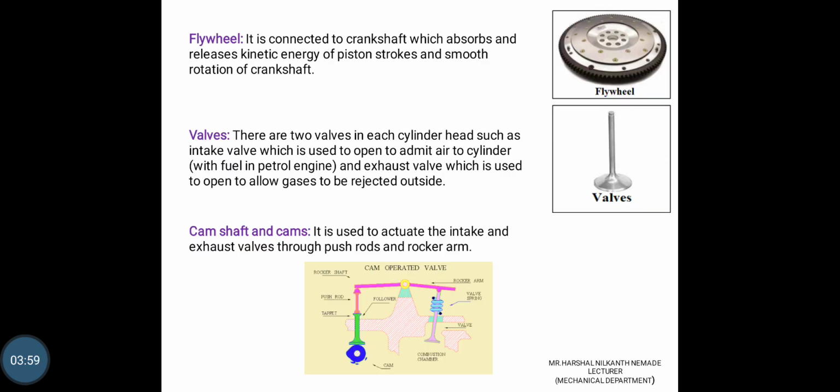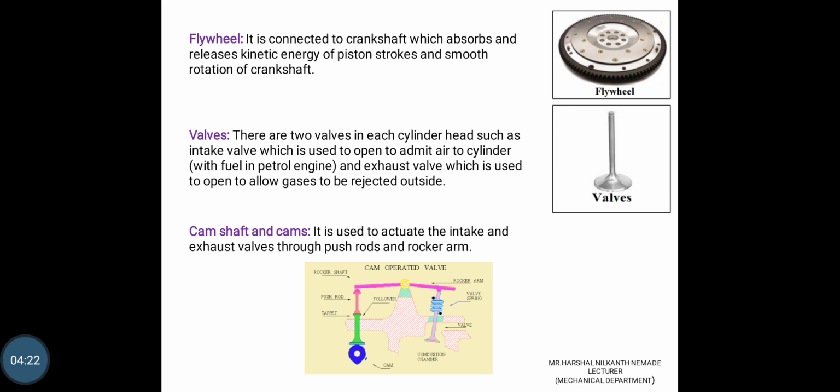Flywheel is connected with the crankshaft to absorb the kinetic energy of a piston stroke for smooth rotation of the crankshaft. Valves are there, exhaust valve and inlet valve. With the help of the camshaft we open and close the exhaust and inlet valves.